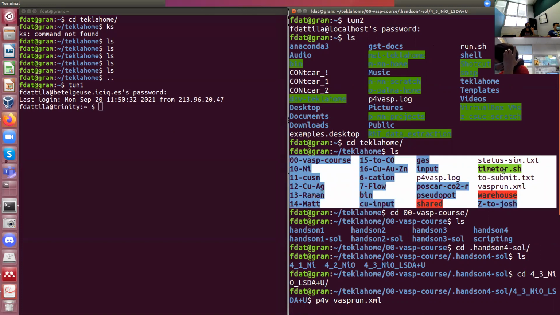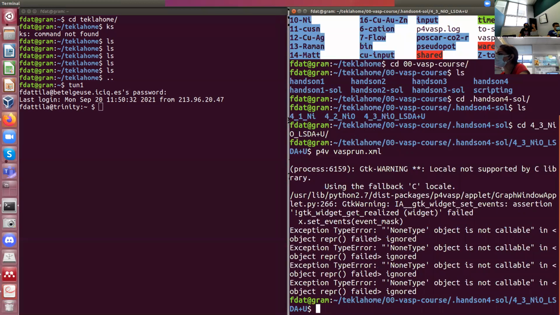So in case you enter Tecla Home, type ls and you don't see anything, that means that the tunnel command is not working, because you should see all the folders that you have in the supercomputer, okay? And then after that, you enter the 00 VASP course, you enter one of the folders that you want to check, like 4,3 nickel oxide, and you check the results, for instance. Clear?